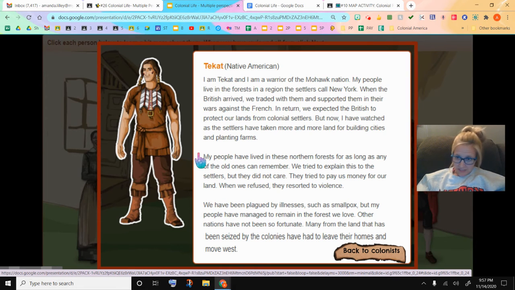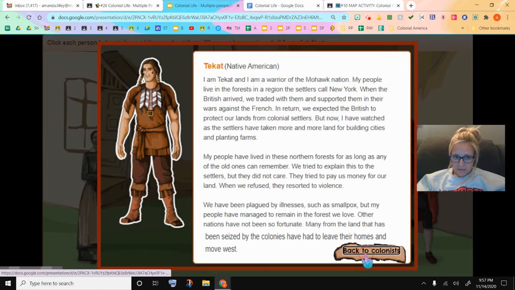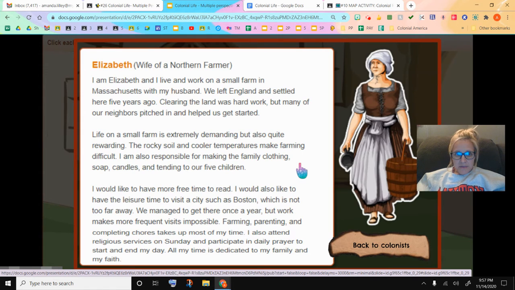And then they've gotten lots of disease from the colonists. So pretty much the further they continue to keep moving into the lands of America, the more Takat and his tribe will be affected.